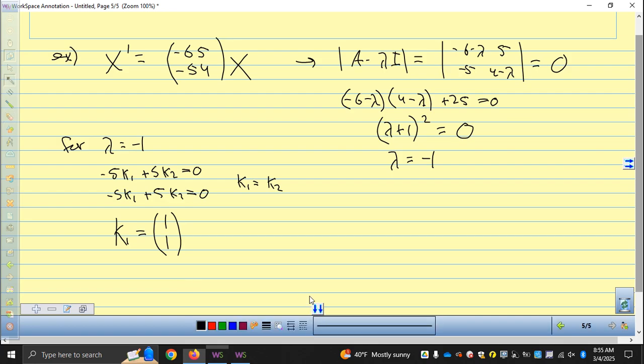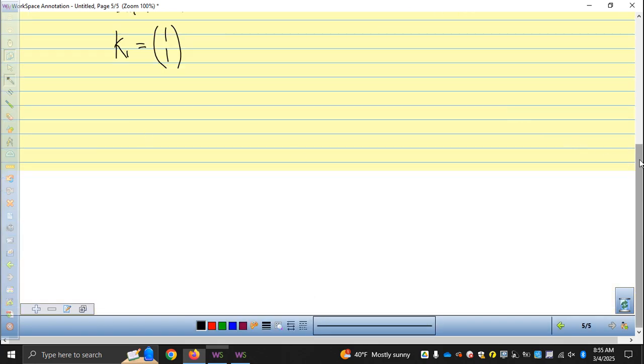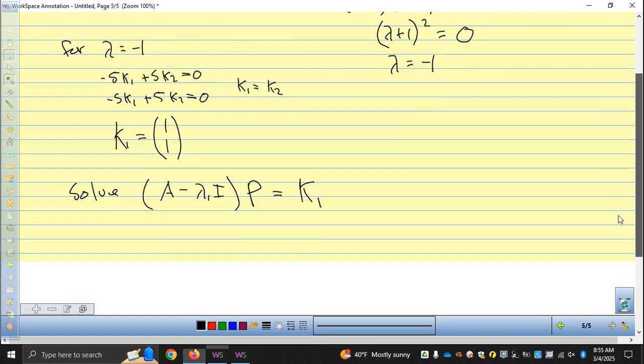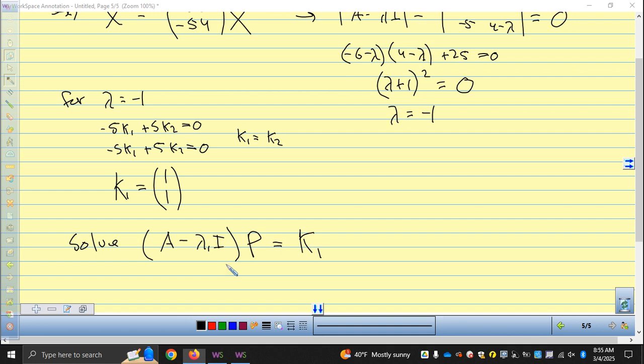So now we want to solve, to get past this one eigenvector, we're going to solve A minus lambda 1 I times p equals k. Well, with this A minus lambda 1 I, we're going to get the same equation, except instead of k1 and k2, we get p1 and p2. And instead of equals 0, we're going to get equals 1.